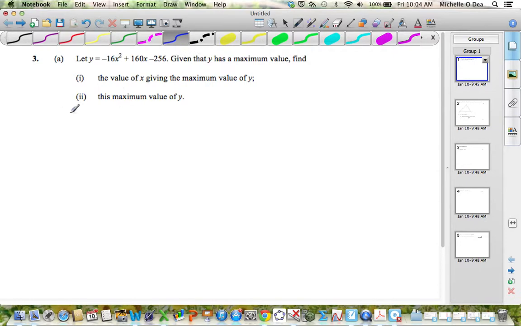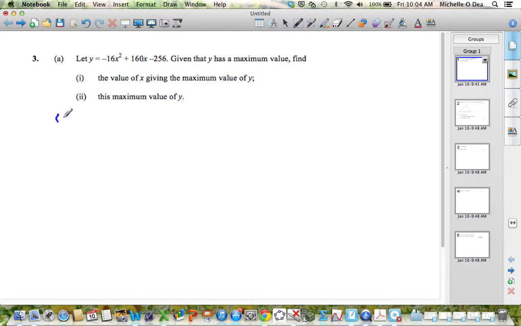So the quickest way, if we're not using technology, of course we could graph it and find that maximum. But otherwise the quickest way is to find the vertex. So we know that x equals minus b over 2a.